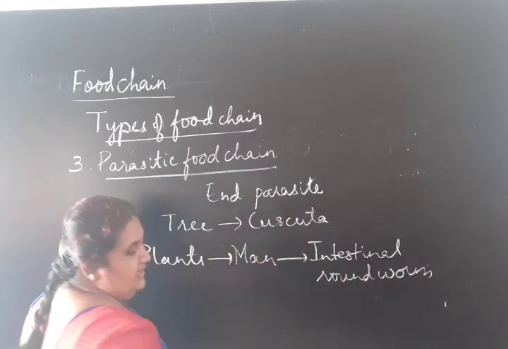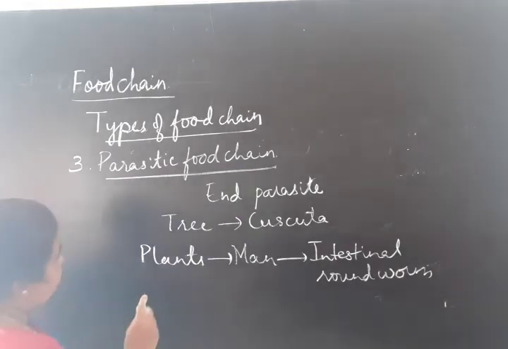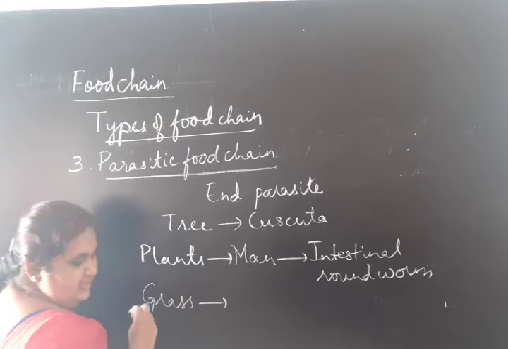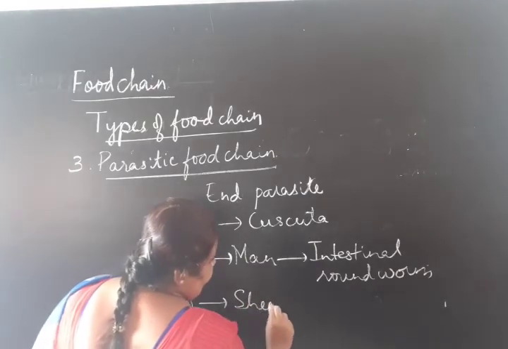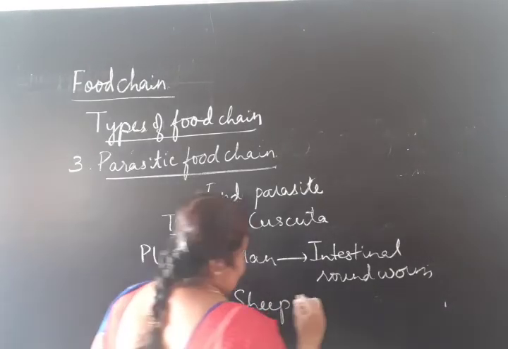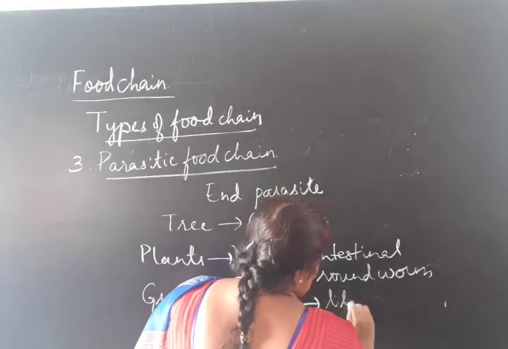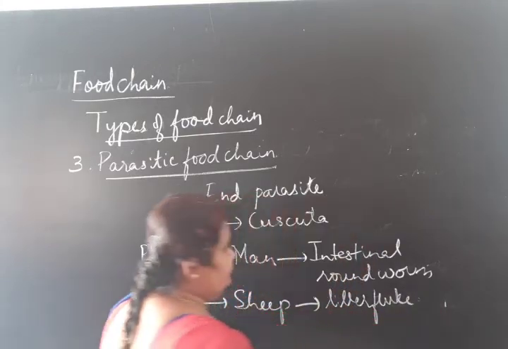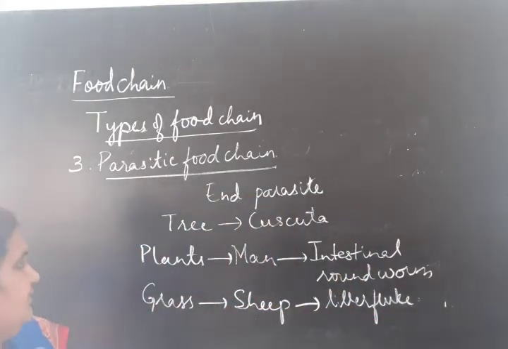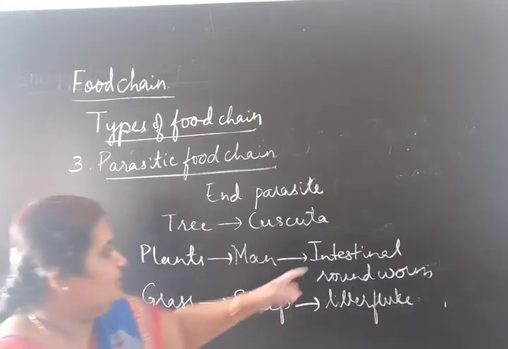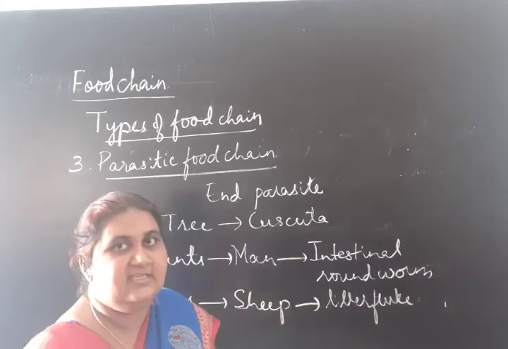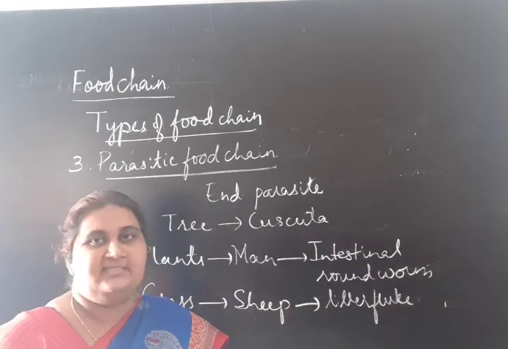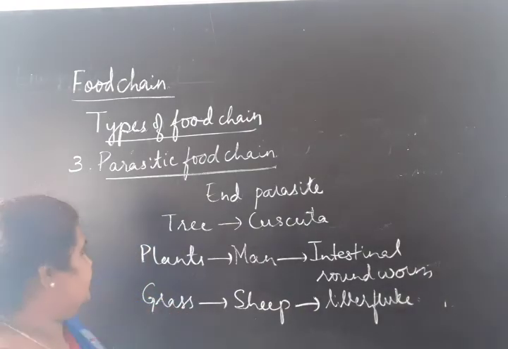See, roundworms are the parasite. Another example, grass, sheep. Sheep is the host and liver fluke. So always we can see in these few examples that this food chain always ends in a parasite.